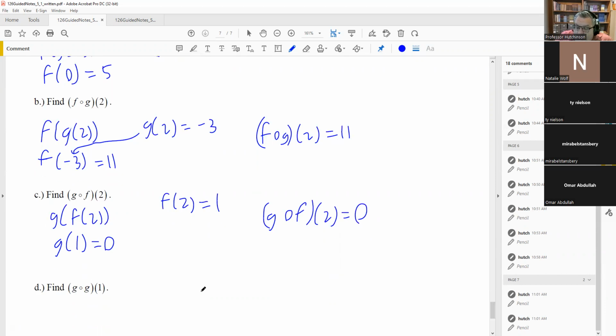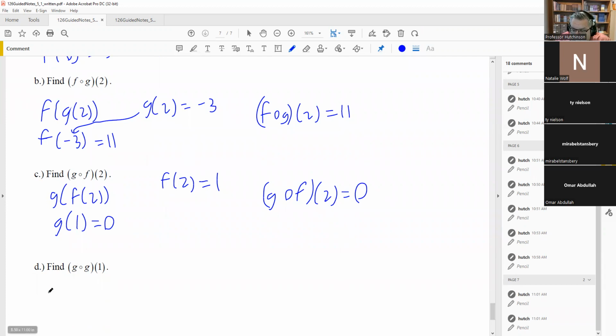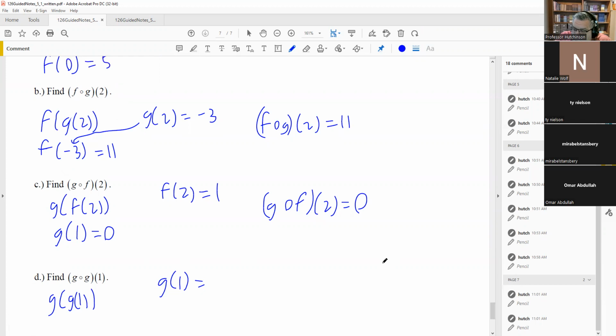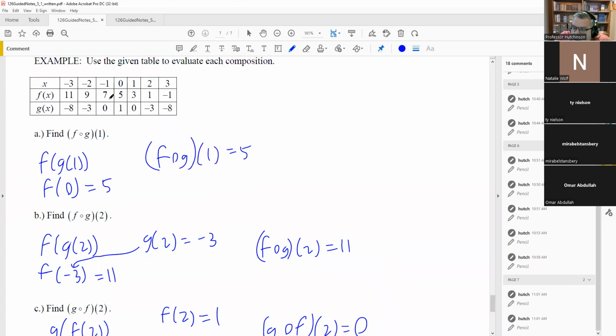Now we want to do g of g of 1. The definition says we're going to find g of 1 first, and then put that inside the parentheses here. Go up to the top here. A 1 is there. g of 1 is 0.